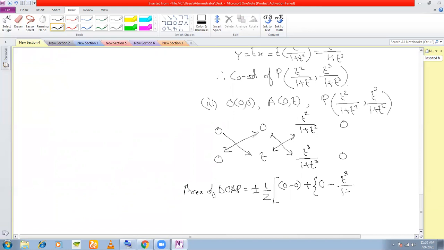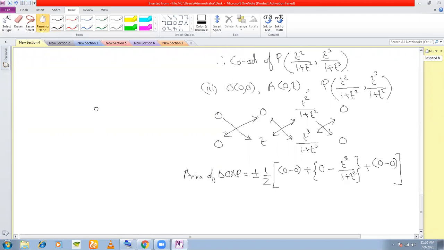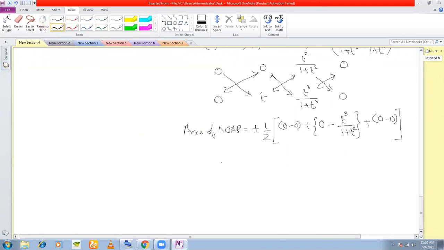That means t cube by 1 plus t square, plus 0 minus 0. So this is what we get, which is equal to plus or minus half of minus t cube by 1 plus t square.